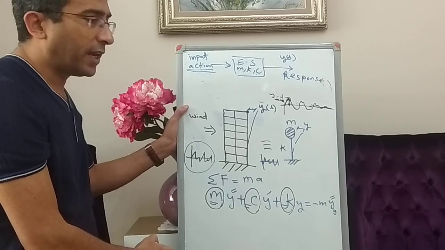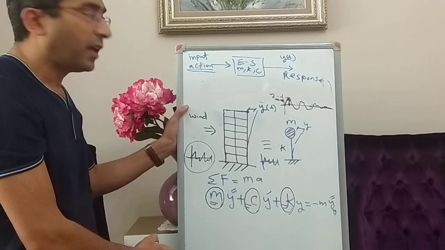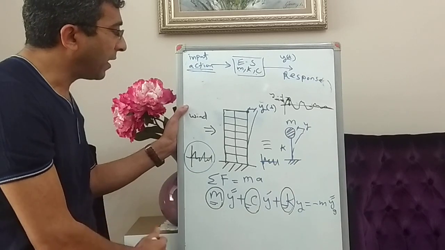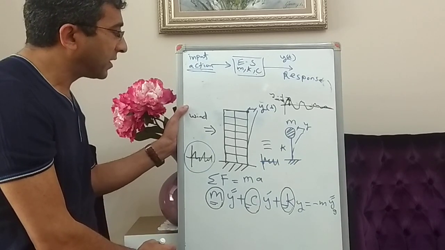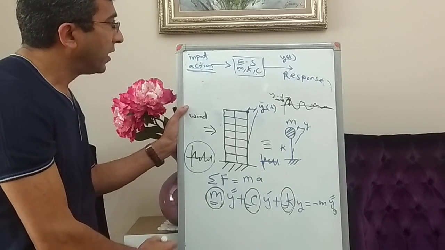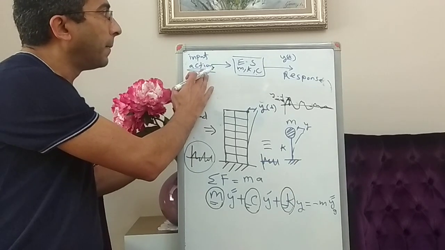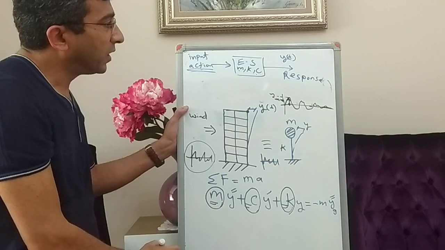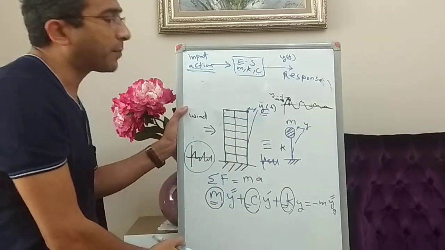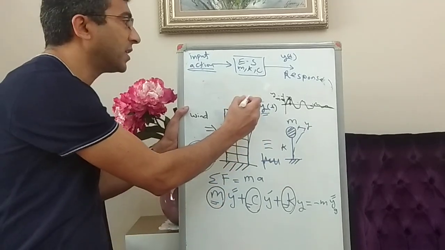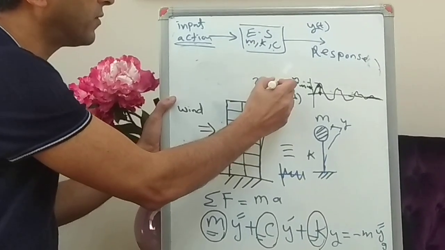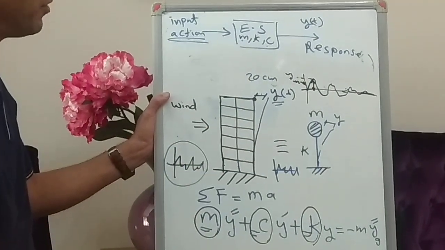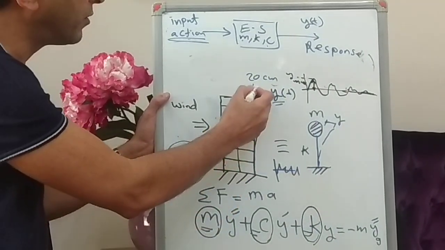For every place or location, there is a seismic risk. You can't change this, and under this action you will see the response. Suppose that the maximum displacement is 20 centimeters, and you are not happy with this value, you want to make it 10, for example.